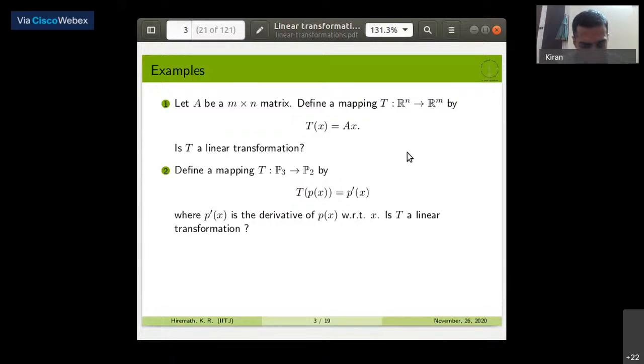Any guess what kind of example it will be? Integration of a function. Okay. What are other options? Any guess what is the next example I'm going to discuss? Zero map, identity map. Okay.